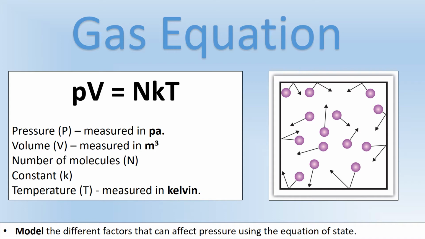So this is our way of actually modeling a gas. And just to note at this point, we don't use this to model liquids or solids. This is just for modeling gases. And we can see each of the units that we're using to measure it. So let's have a think about what that is going to mean in different scenarios.